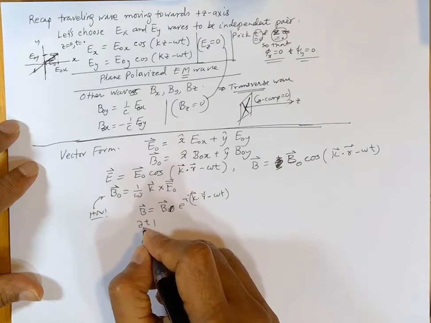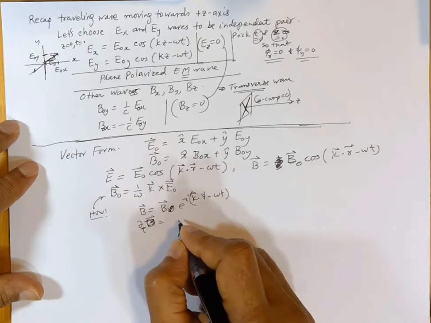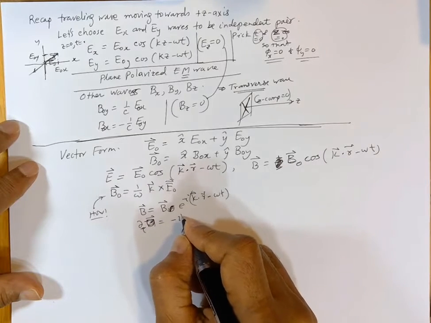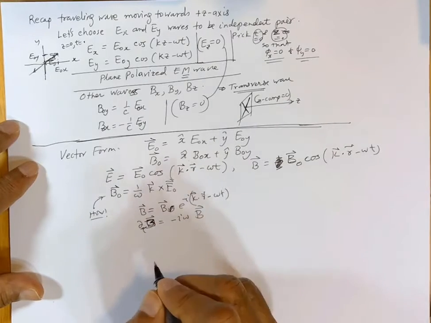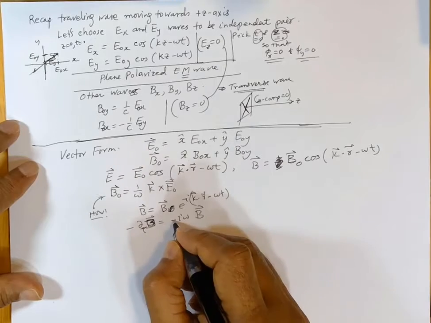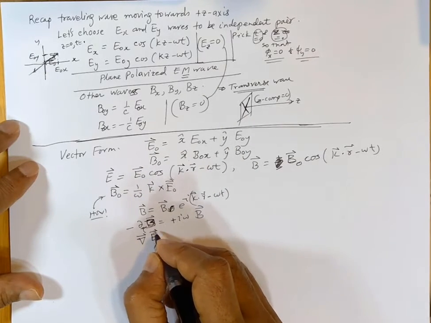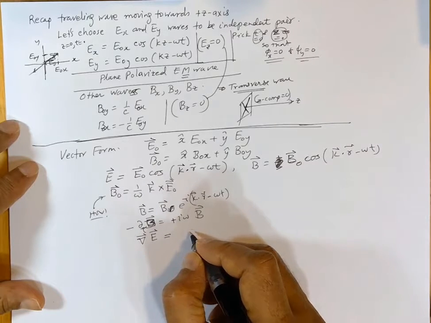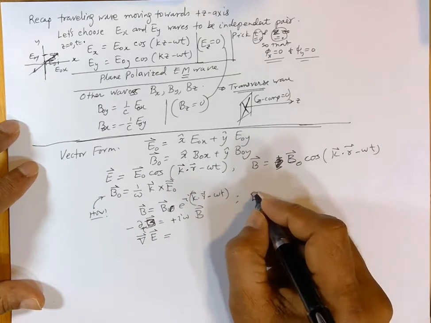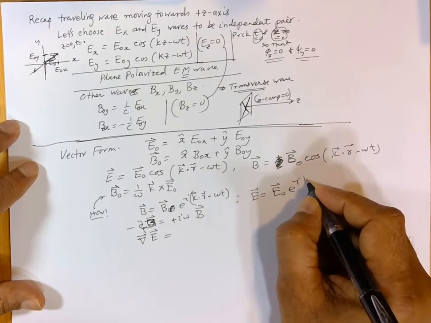The dt of B vector will simply be minus i omega B. So minus dt will be plus i omega B, and del of E will be... I write E as an exponential, so it will be easier to work with.